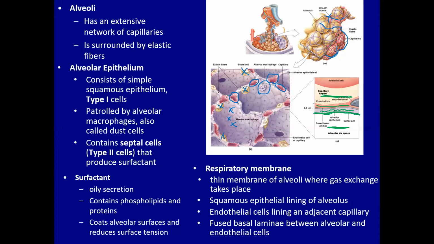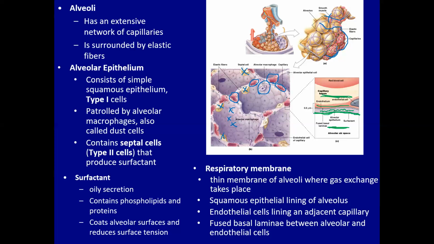If you put dish detergent in there, guess what? They can't walk on the water anymore, and they fall in and they drown, which is a little twisted. But again, what are we doing? We're breaking the surface tension. Well, surfactant is incredibly important. So I need for you to remember that, and I'm going to talk a little more about it in just a minute.